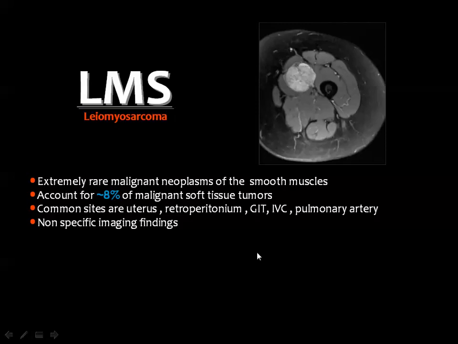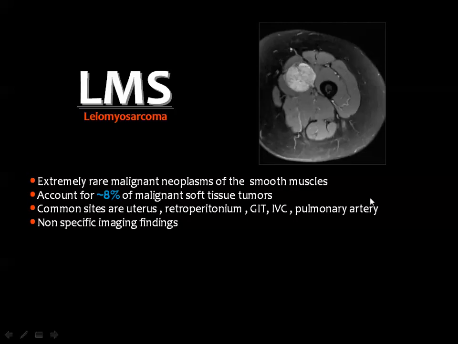Another, the malignant form of these smooth muscle masses is the leiomyosarcoma, and this is considered an extremely rare malignant neoplasm. And it accounts for about 8% of the malignant soft tissue tumors. And this lesion was commonly seen in the gastrointestinal tract, and now replaced by the name of GIST tumor.